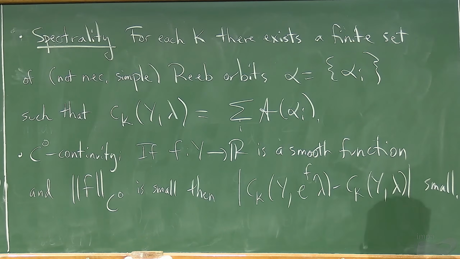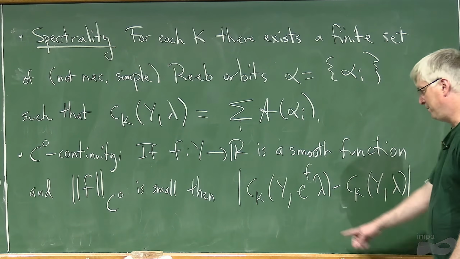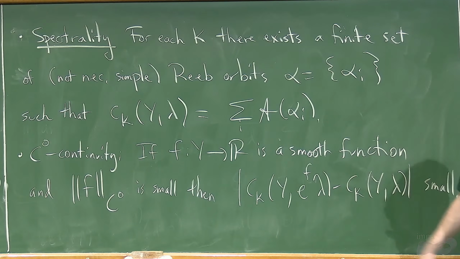So you can take the contact form and multiply by any non-zero function, but if your function is close to 1, then you won't change the spectral invariant very much.